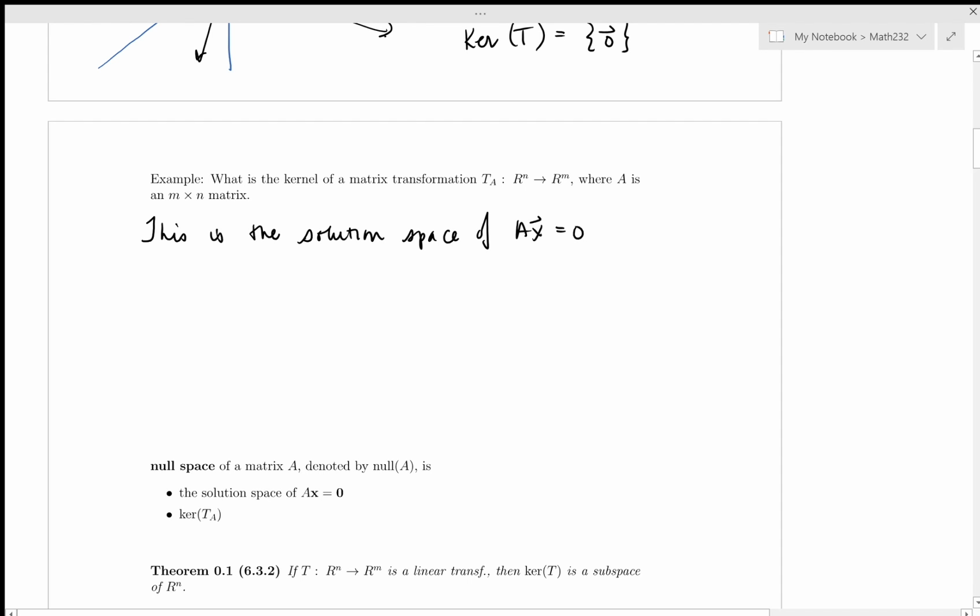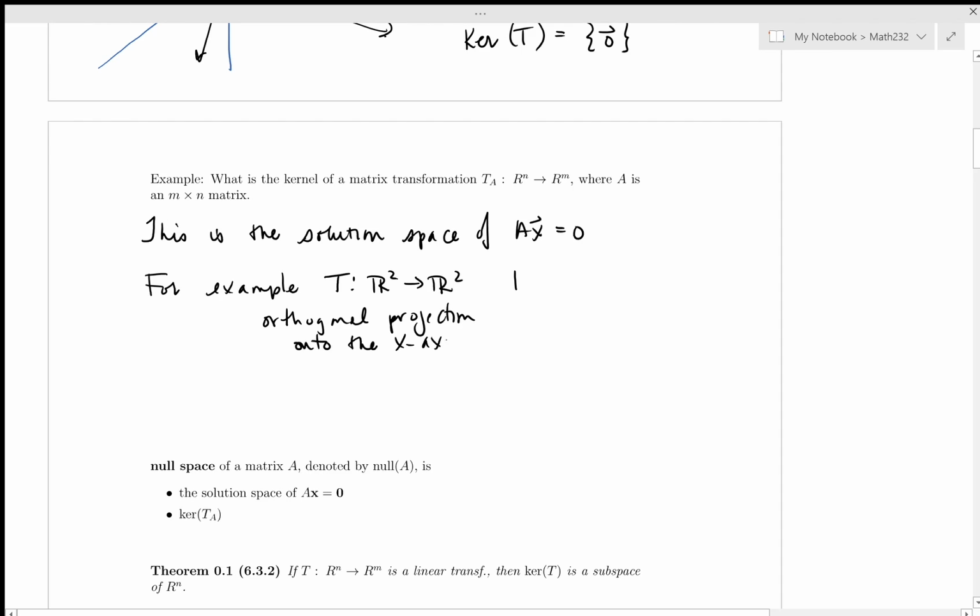Okay, so let's just take an example, what we just saw, and look at it in a slightly different way. For example, we have T from R2 to R2, and we did that where T was orthogonal projection onto the x-axis.